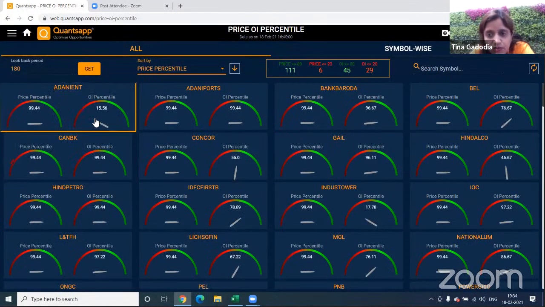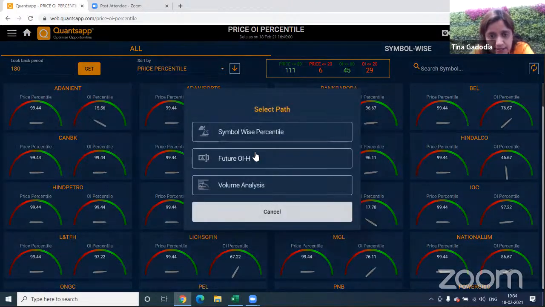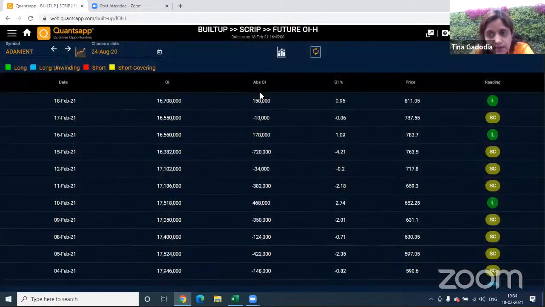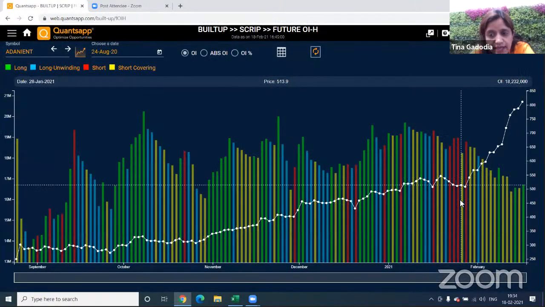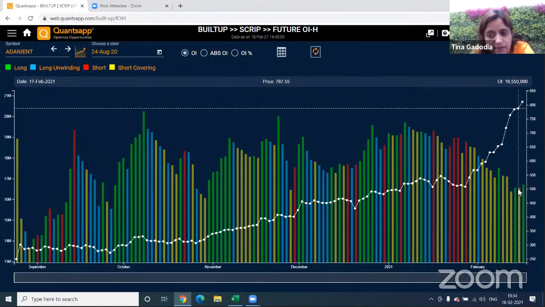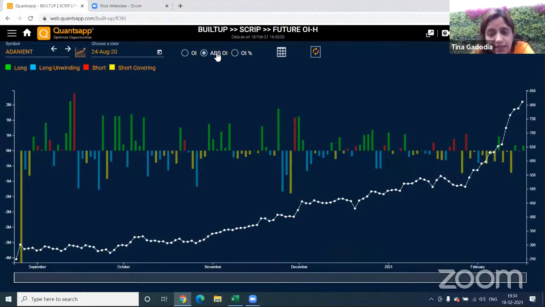Against that, if I look at Adani Enterprises, the entire move was led by the unwinding in OI. Today we do see an OI increase, but unless you see a sustainable increase, we don't get that conviction.